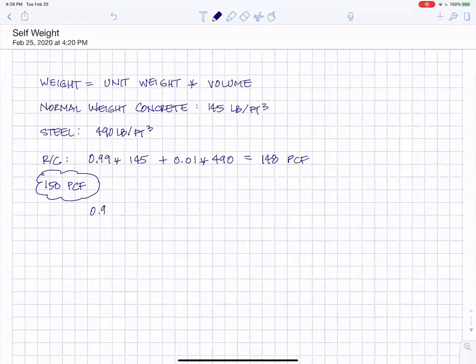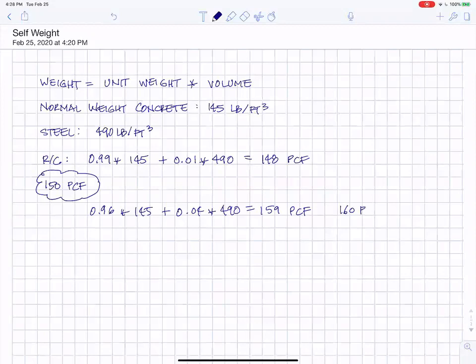Let me look at that. 96% at 145, 4% at 490. Oh, be interesting. I've never actually done this before. Oh, that's a lot more than I thought. 159 PCF. So columns are about 160 pounds per cubic foot, and beams are 150 pounds per cubic foot.